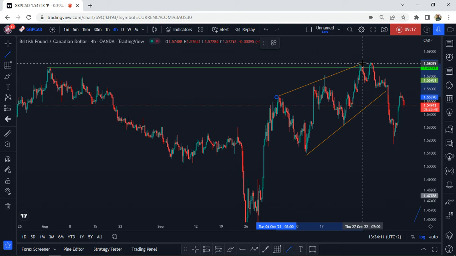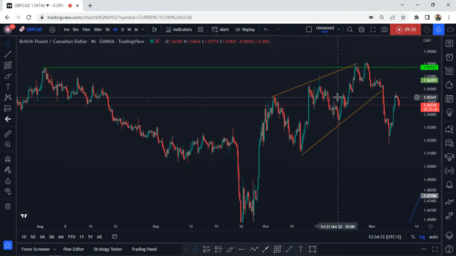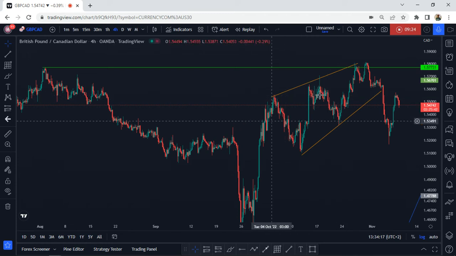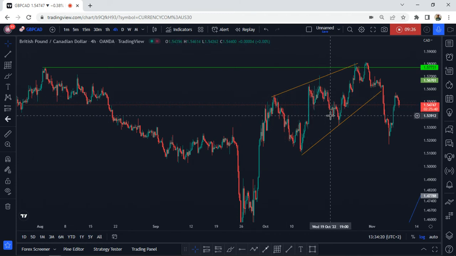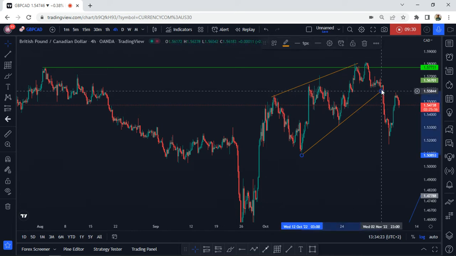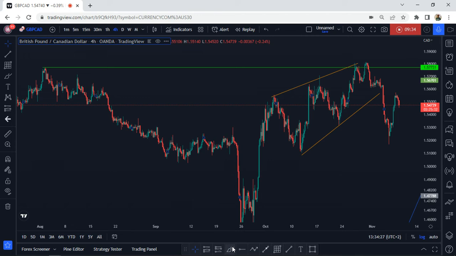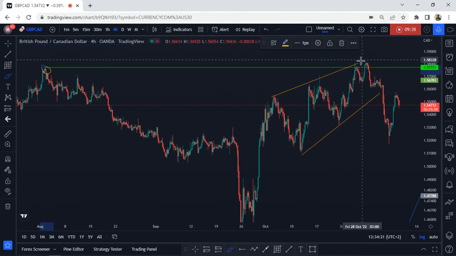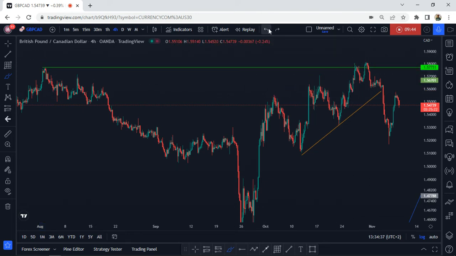Look what is happening here, guys. We're having a rising wedge. Even though I don't really prefer this type of pattern, this one I would personally take because there was a previous high there, indicating that when the market reaches here, it might change direction.